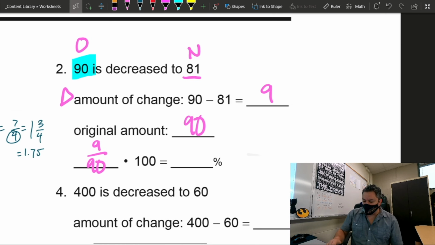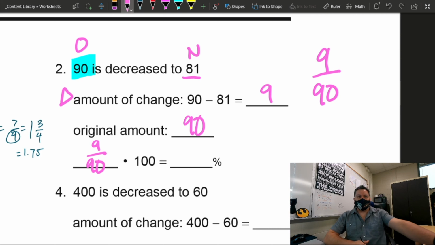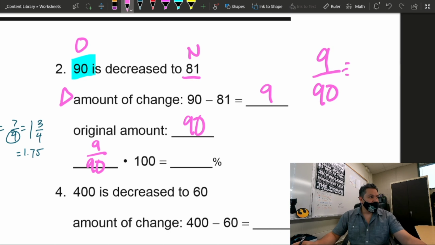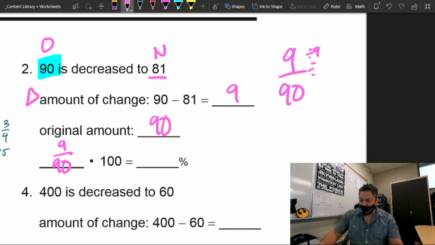So let's take the fraction on the side. 9 over 90. Can I simplify that fraction? Yes. By what? By 9. Very good. So if you divide both of these by 9, what do you get? 1 over 10.